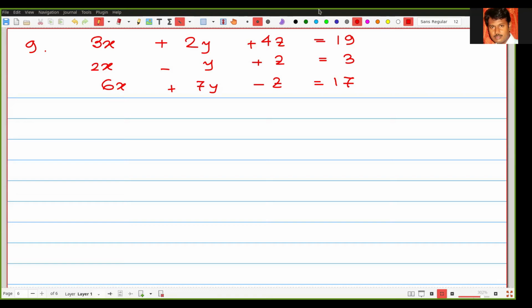So our resultant matrix is B equal to 19, 3, 17.